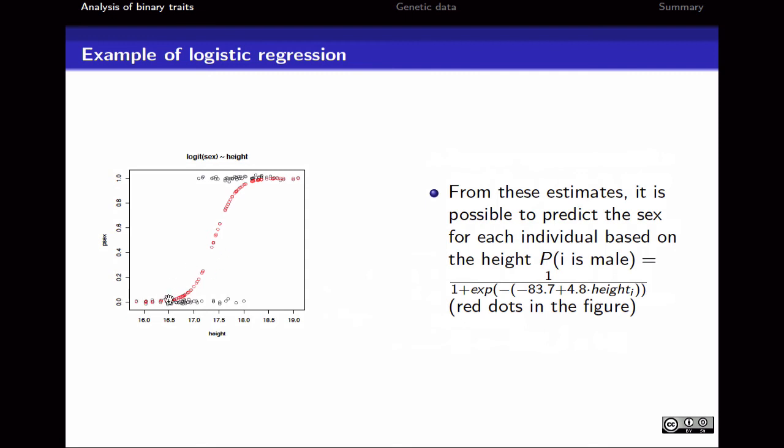And this happens in the area where the range of the heights between men and women doesn't overlap anymore, right? And in the same manner, for very tall individuals, the model predicts that they are men. And again, this happens in the area where these two distributions of height between sexes do not overlap. And in the middle, where both men and women could have this height, the model doesn't do a very good job on prediction.